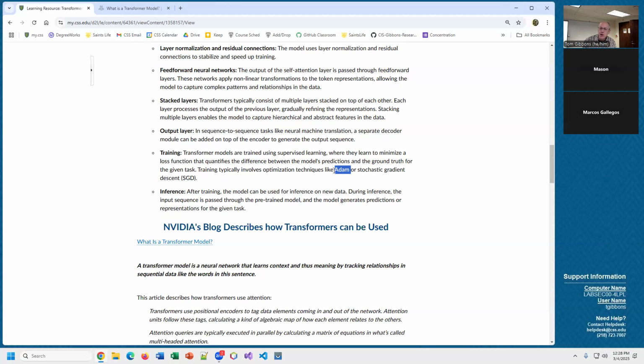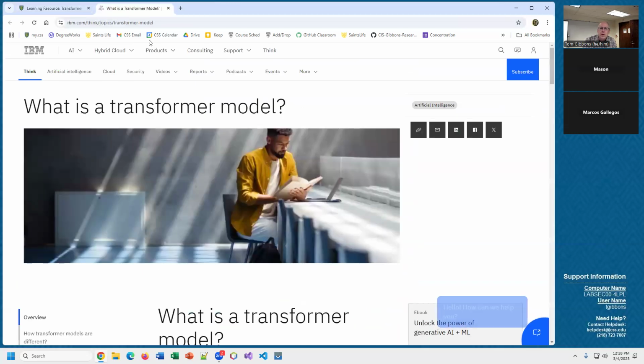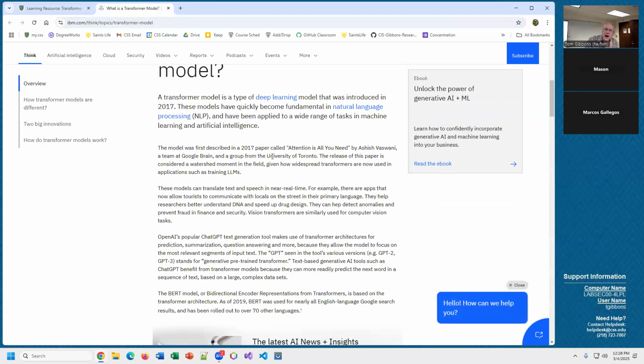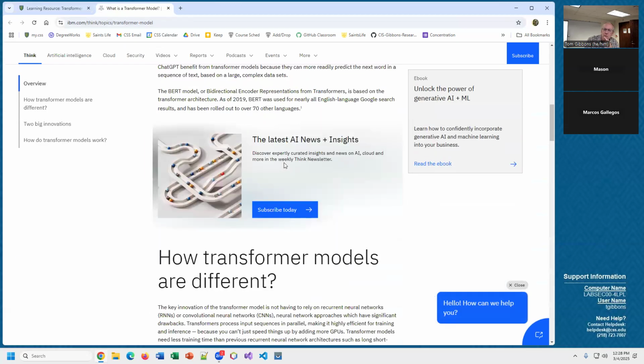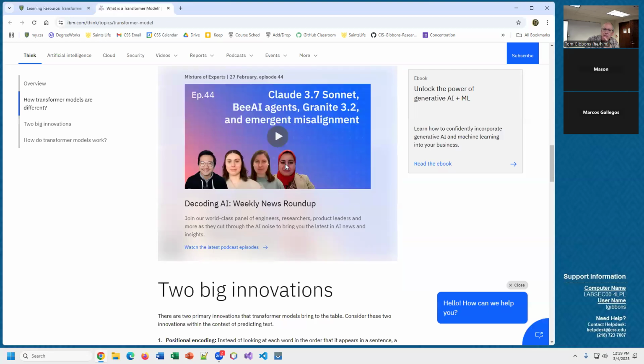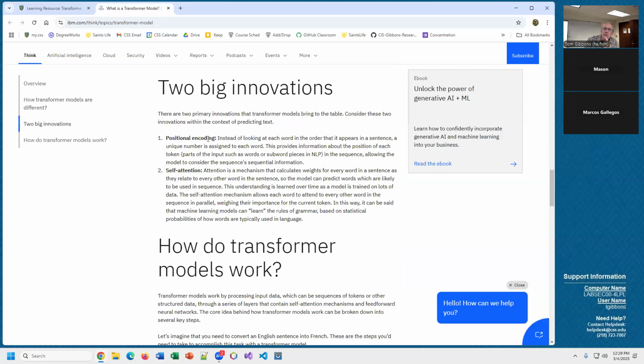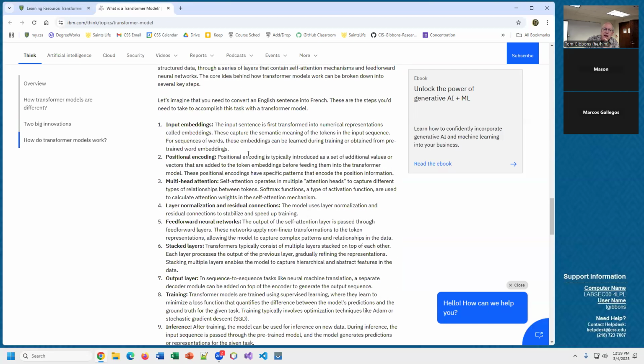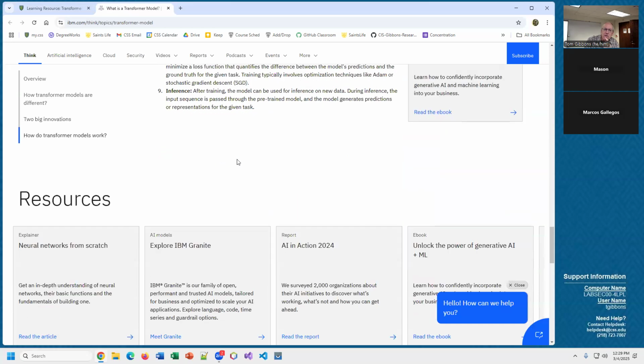And if not, we would go through and tweak the weights a little bit throughout the whole model so it's a little closer to the expected result. And we do that again. So here's the IBM article walking through this, talking about what's new here, the two big innovations and all of these different features.